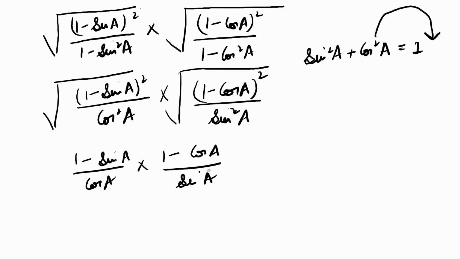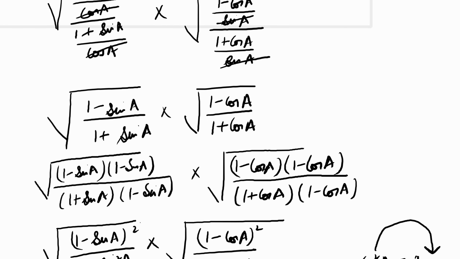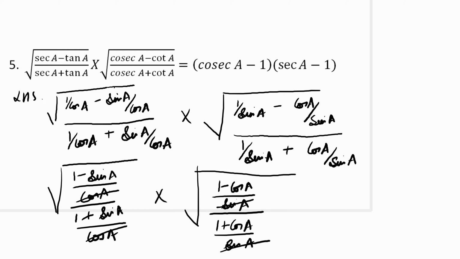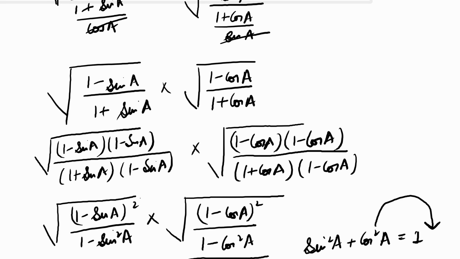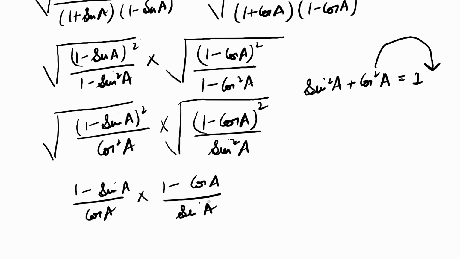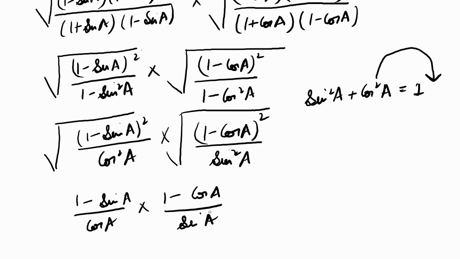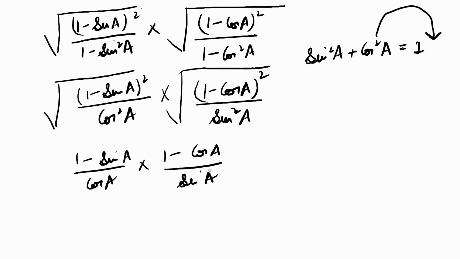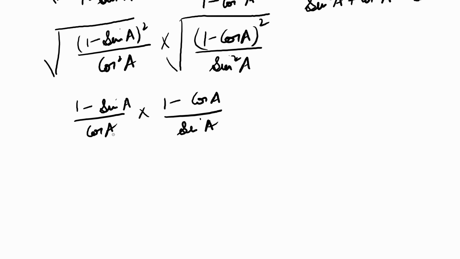Okay, let us take a look at what we had to prove. We had to prove cosec A minus 1 upon sec A minus 1. Now what we will do over here is interchange the denominators. We can do that since they are multiplying.